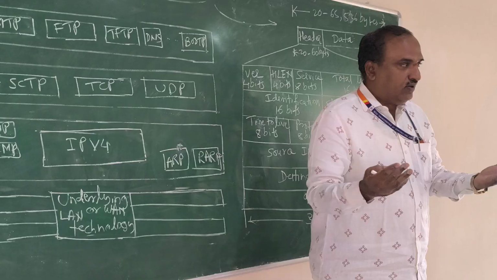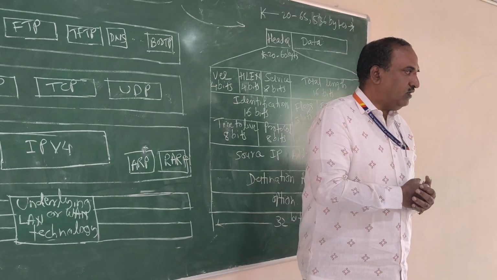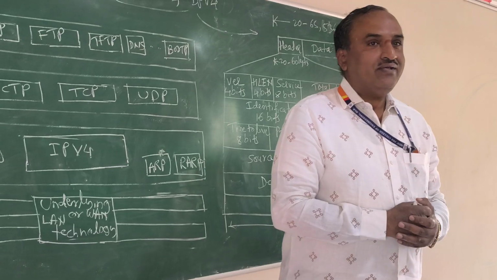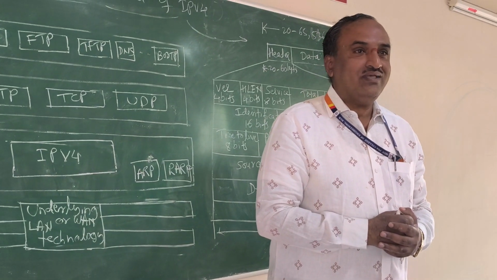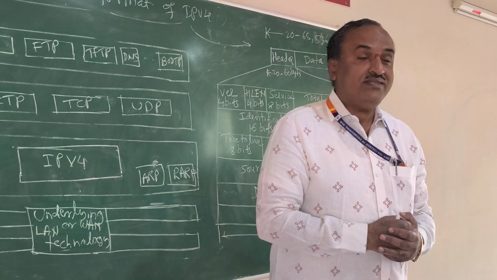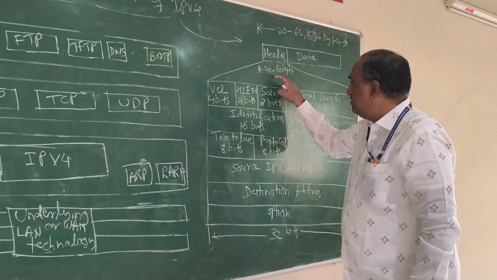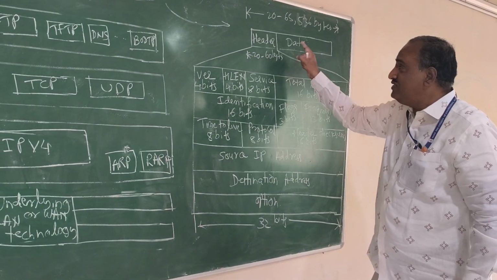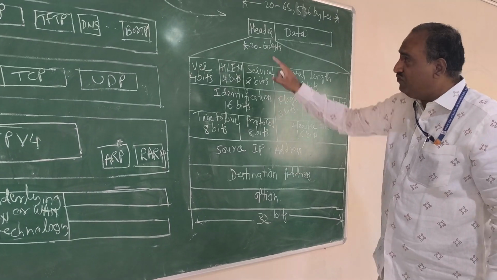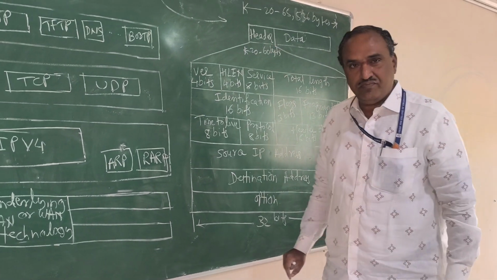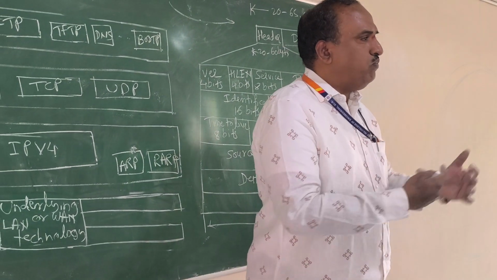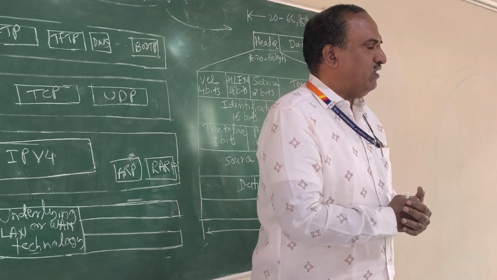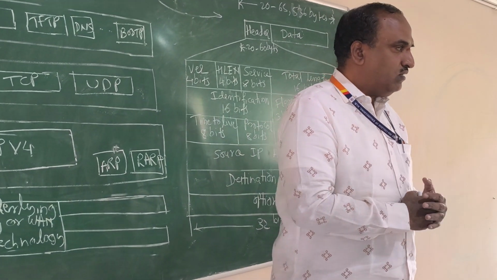You know header and trailer. What is the importance of header and trailer? Header and trailer will give you the address, the source address and the destination address. Data is there, but to which system should this data be transmitted? Therefore, the header gives the information. In every layer, it performs its function by attaching a header. The header will take care of all activities of a particular layer.